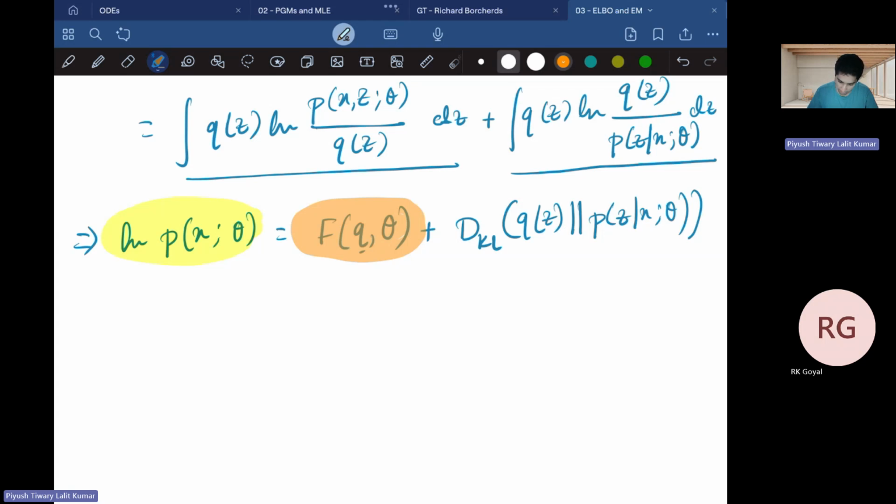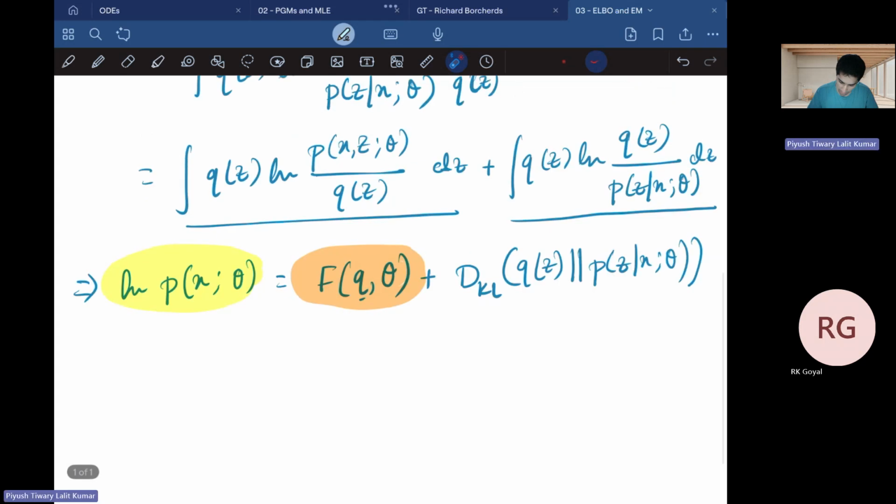I hope you can see that I am writing this as f of q and theta because this whole thing is actually a function of two things. It's a function of this variational distribution q, and it is also a function of theta. So one is a distribution and another is a parameter. Let's just keep that in mind.